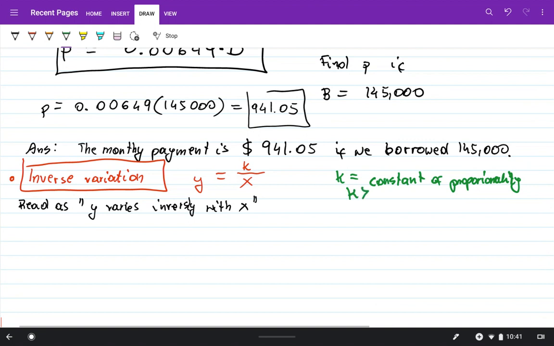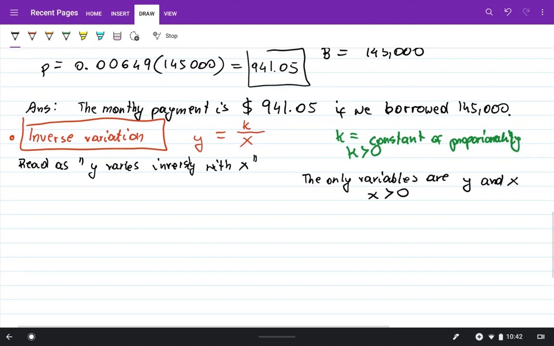Again, k should be positive, and the only variables are y and x. So k we should know, and we should give the condition that x should be positive.